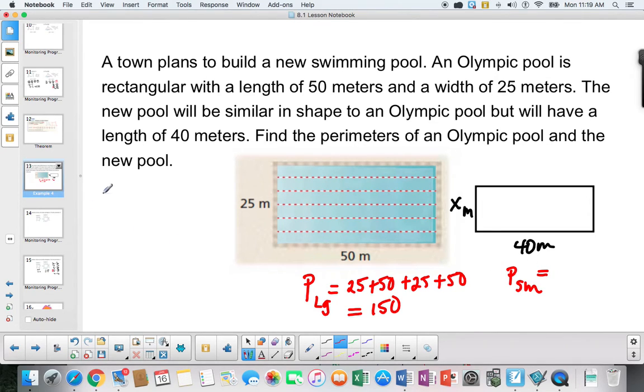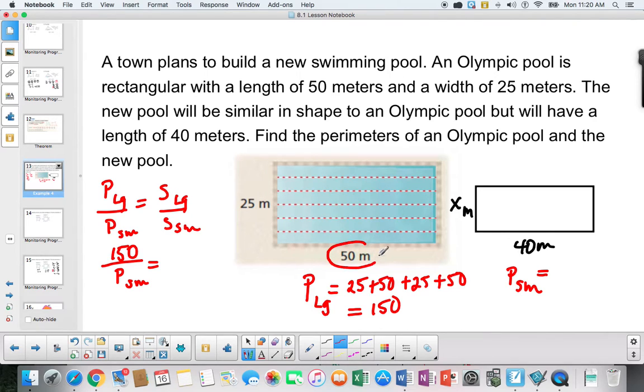So what we've been told by the previous slide is that the perimeter of the large over the perimeter of the small is equal to the side of the large over the side of the small. And so I'm going to write 150 all over perimeter of the small, and I'm going to relate corresponding sides. So I'm going to write 50 over 40.